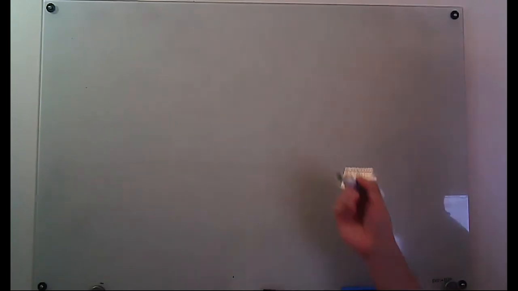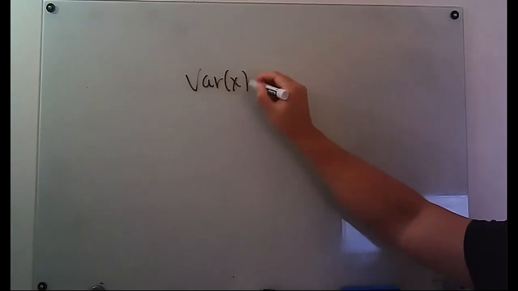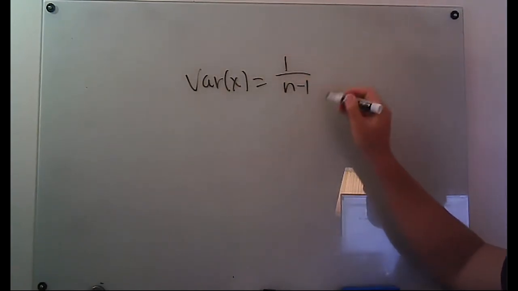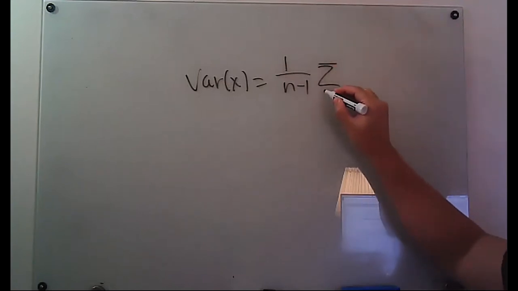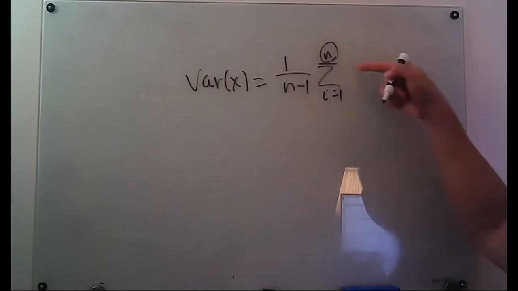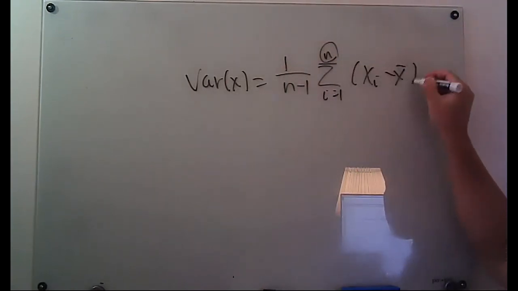The variance was, let's say, the sample variance of x was 1 over n minus 1, because it was a sample, times the sum from i equals 1 to n, the observations in the sample, of (xi minus x bar) squared.